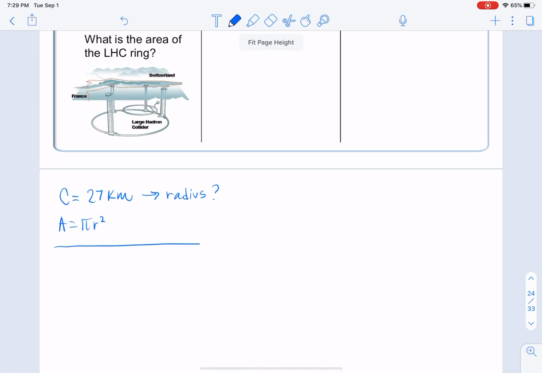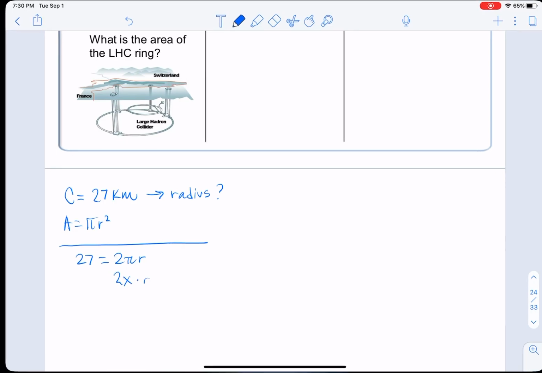27 and set it equal to 2 pi times the radius. All right, so I'm going to show you some strategies through the course of this. This pi, I want you to start treating that thing like it is a variable, like it's an x. Like pretend like this is a 2x, and then we also are multiplying that times an r, right?